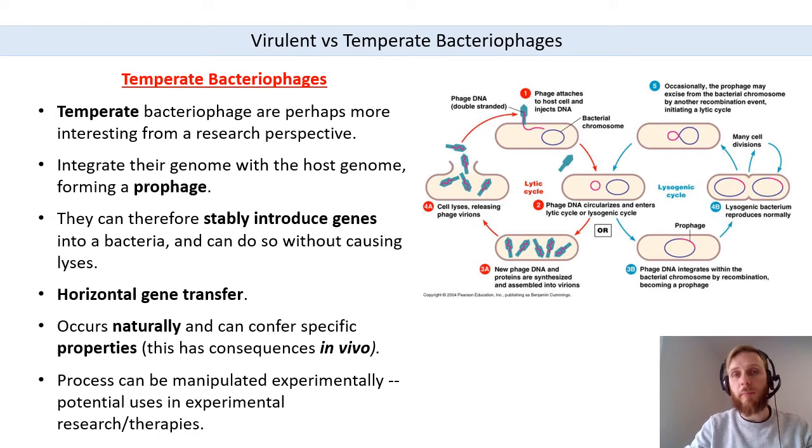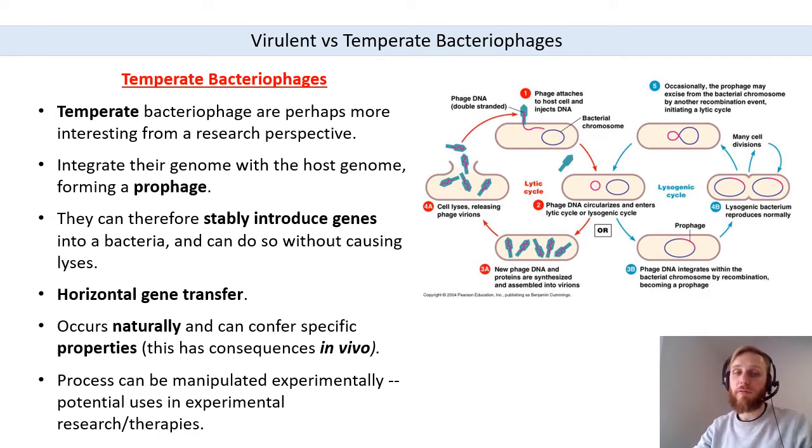So we need to remember this, because this is going to be really important in the next part of the lecture when we talk about the role of these bacteriophages in human disease. Because remember, what we're talking about here is related to bacterial cells. So this is a process between bacteria and bacteriophages. But what we're going to look at in a few slides is how this process impacts humans, so how it impacts human health and disease.